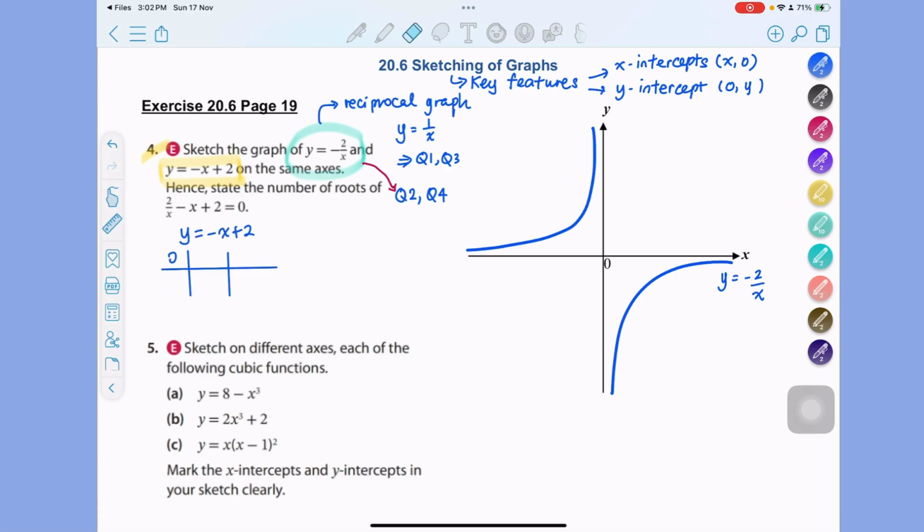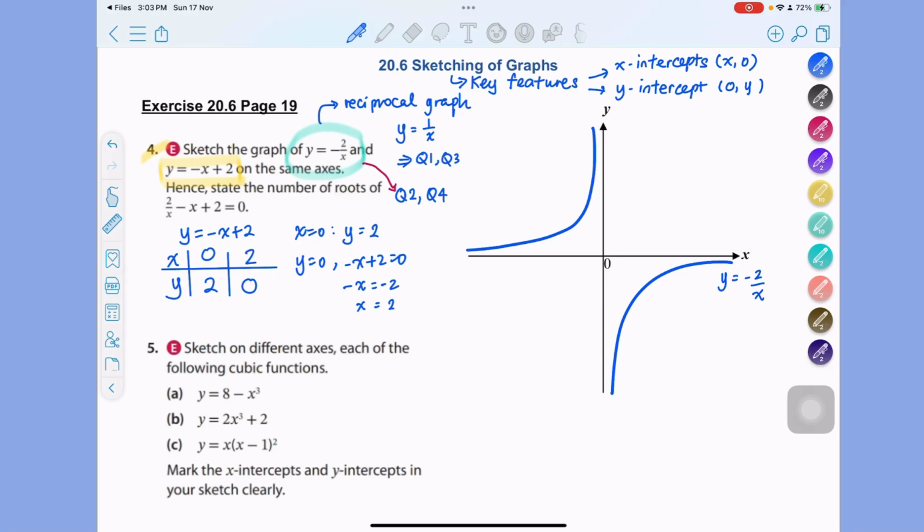First, I write down variables x and y, and put x = 0 and y = 0 to represent my x-intercept and y-intercept. Now I substitute x equals 0. When x equals 0, y equals 2. When y equals 0, x equals 2.